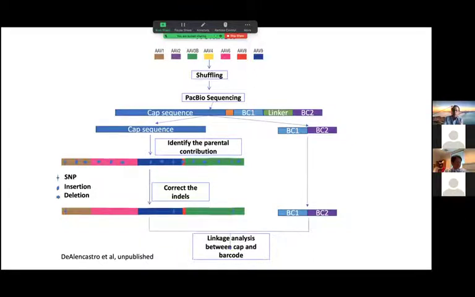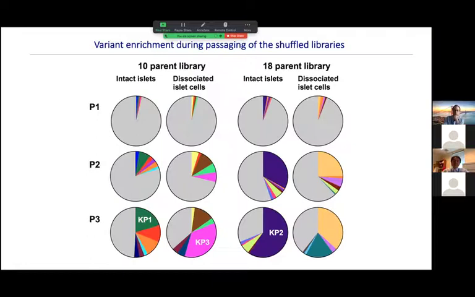And then we also do full-length single molecule DNA sequencing using PacBio platform. And then we can get a lot of information from our screens, and we can get the data much more quickly than we were able to do previously with the earlier screens where we had to do Sanger sequencing.